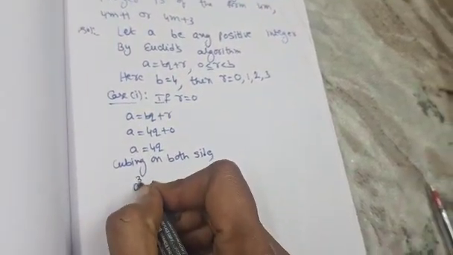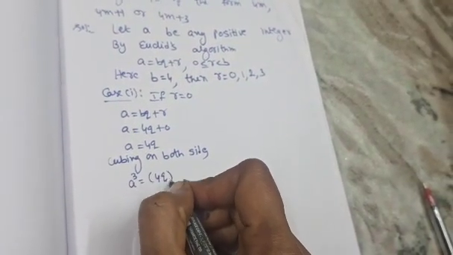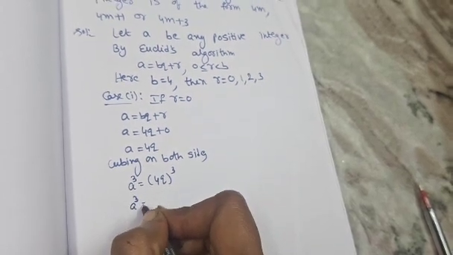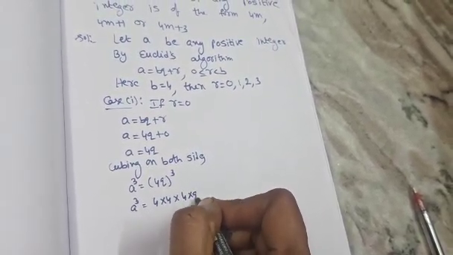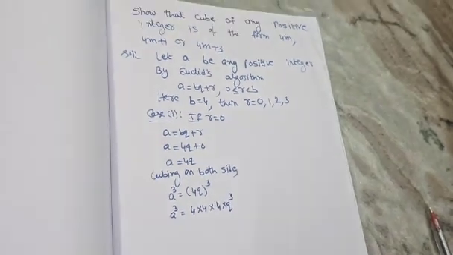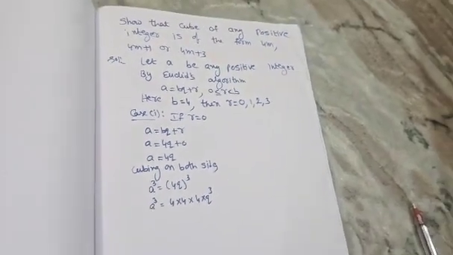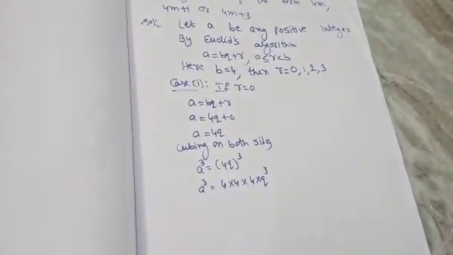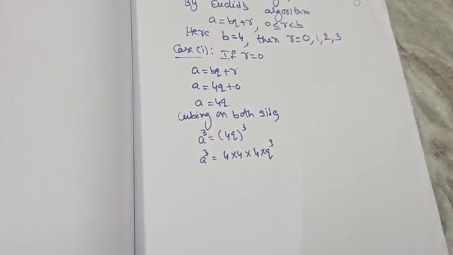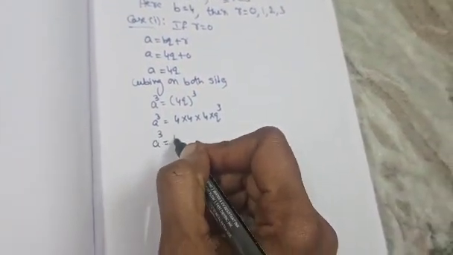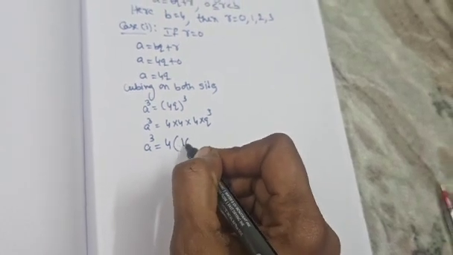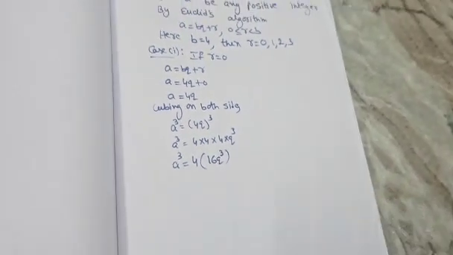So a cube equal to 4q whole cube. A cube equal to 4 into 4 into 4 q cube. Why? Because cube is for both 4 and q. That means for 4 also we have to write 3 times, q also 3 times. So a cube equal to, only you take 4, and the remaining part 16 q cube you write in the bracket.